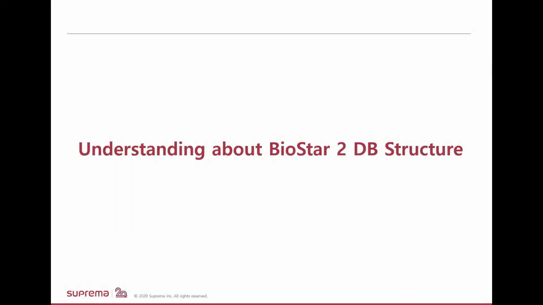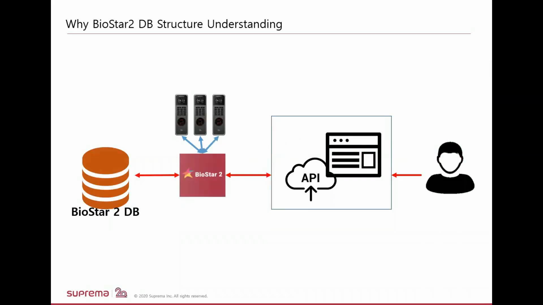Before explaining the integration of BioStar 2 API, I would like to briefly explain the structure of BioStar 2 DB. The user requests the execution of the desired function using various interfaces such as mobile or web. The function that requested the interface requests the server through API, and the server requests the DB to perform the task.